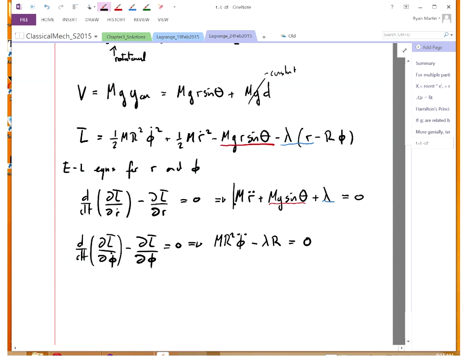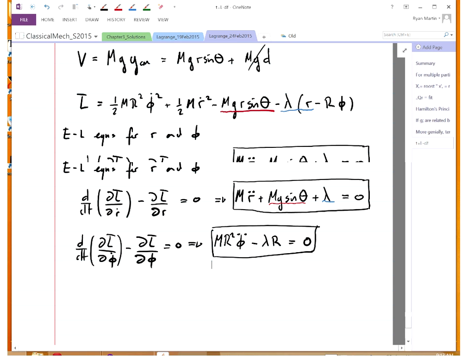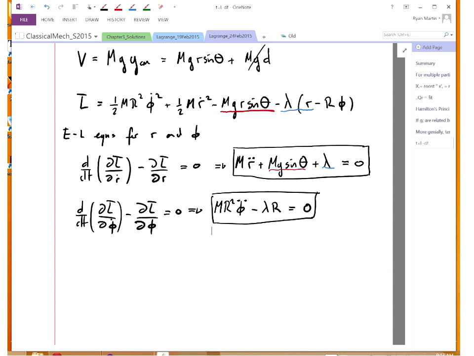So we have these two equations of motion, right? Now we're not done. So these are equations of motion, but we're not quite done because we have this random lambda in here that we don't know what it is, right? At this point, we don't have an expression for what lambda may be.